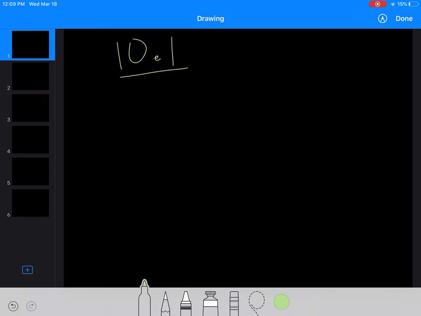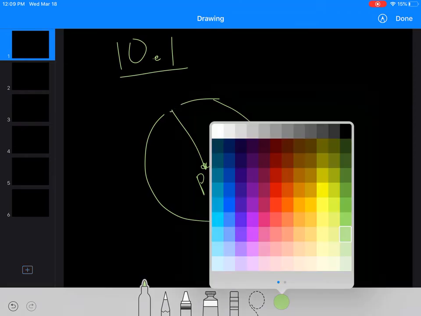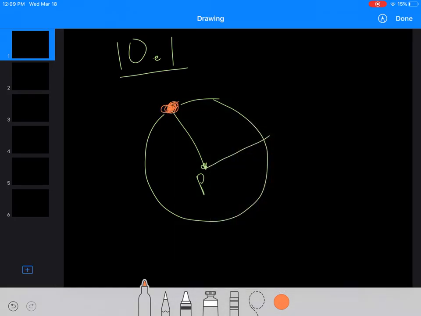So the first thing we're going to look at is if we have a circle with a center at P and we have a point on the circle. Okay, let's use a different color here. So we have a point here on the circle and a point here on the circle.